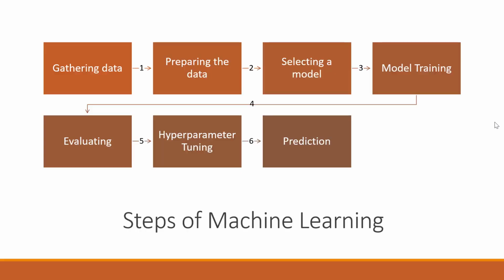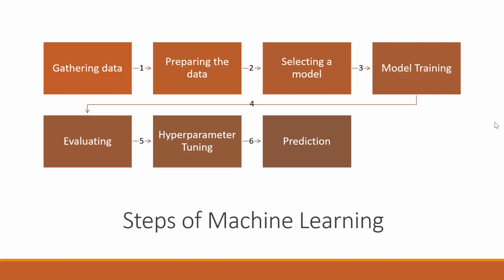So as discussed earlier, machine learning enables computer systems to automatically learn without explicit programming. But here the question arises: how does it work? So the answer to this question lies in the complete life cycle of the machine learning process, which is divided into 7 important steps. So here on the screen you can see these 7 important steps.